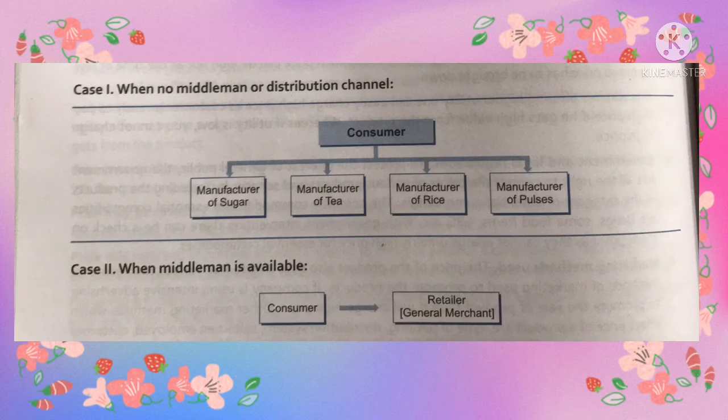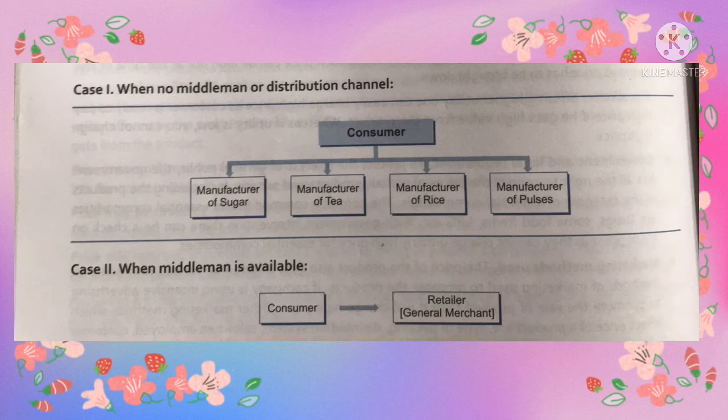This has made the life of consumers very convenient, so that they can get their goods at one place without having to visit all the manufacturers. So in the above diagram, we can see how customers' effort is reduced with the presence of middlemen.